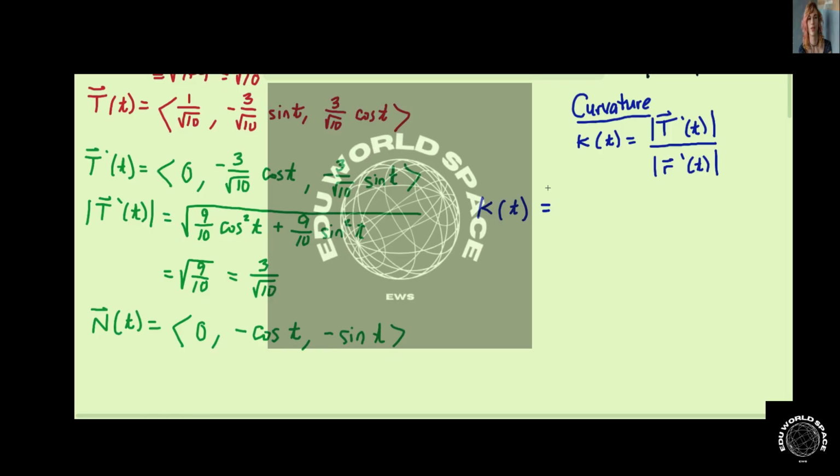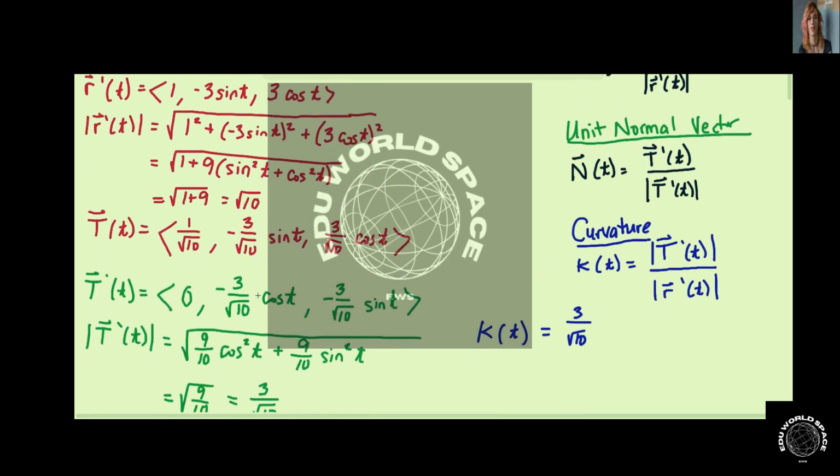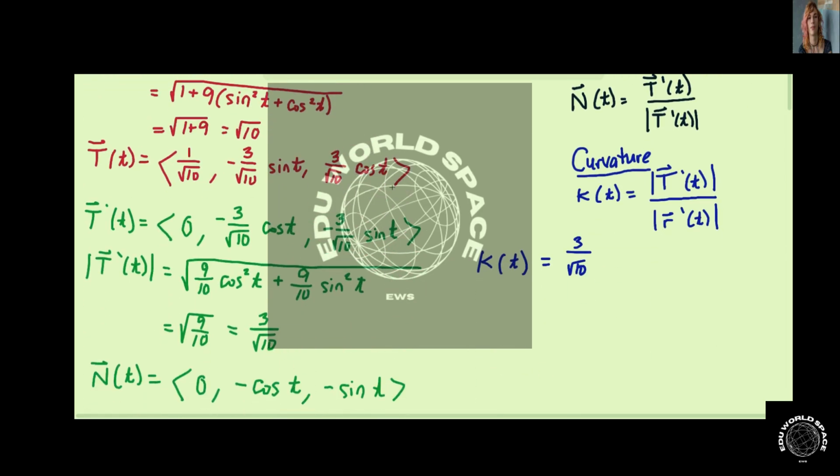The magnitude of this guy was 3 over root 10. And the magnitude of our original was root 10. So dividing by root 10, this is just equal to 3 over root 10 times root 10, which is 3 over 10. There's our curvature.